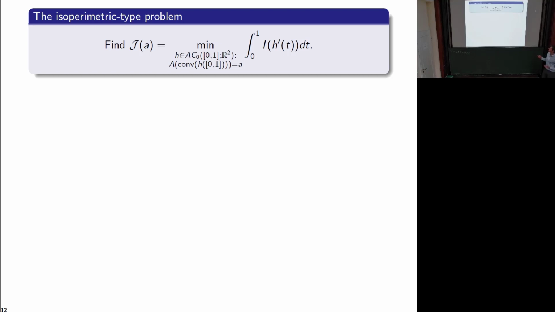The trajectories which are absolutely continuous, start at 0, and have a prescribed area of the convex hull of the image. So this reminds us of an isoperimetric problem, and instead of the length function, we have this funny function which is sort of like an energy function.